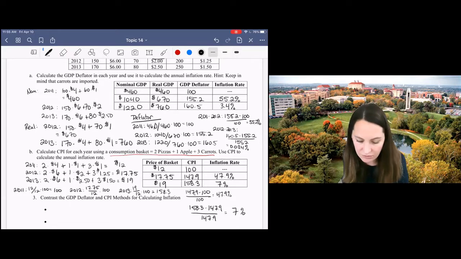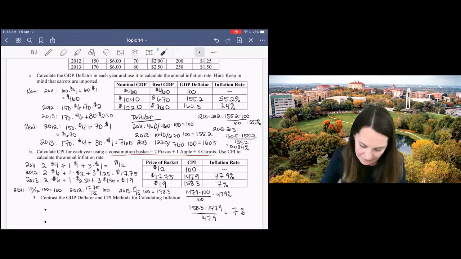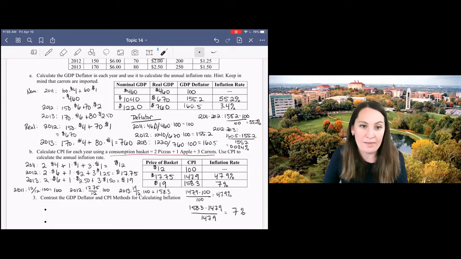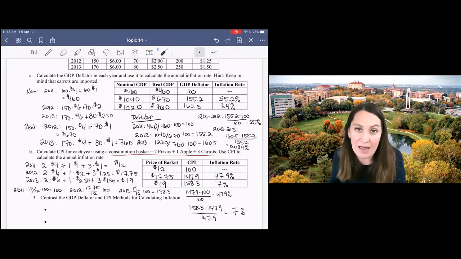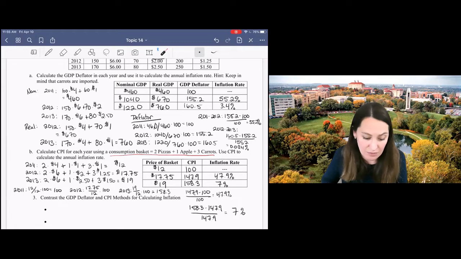All right, so now you'll notice that my inflation rates calculated using the CPI method are different from my inflation rates calculated using the GDP deflator method. And that's because we've used two different price indexes to calculate these inflation rates. So we want to compare and contrast and think about what are the differences between these two methods. Why is it that we prefer the CPI for most of our inflation numbers?